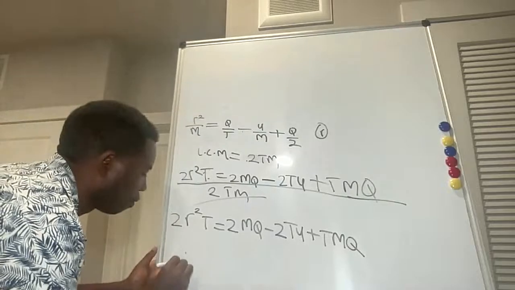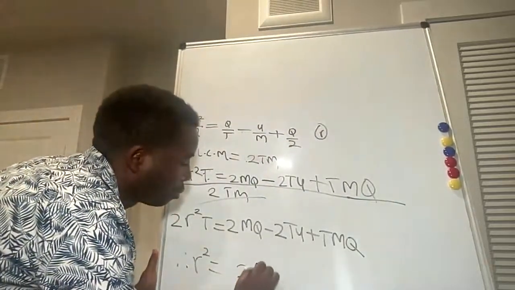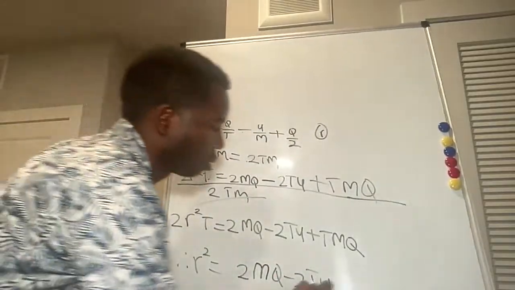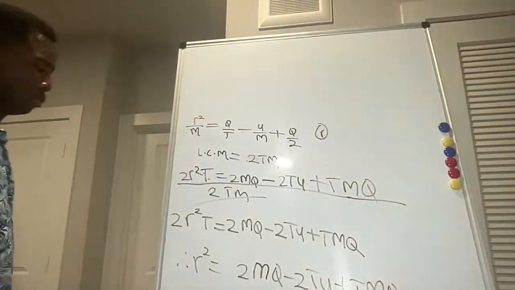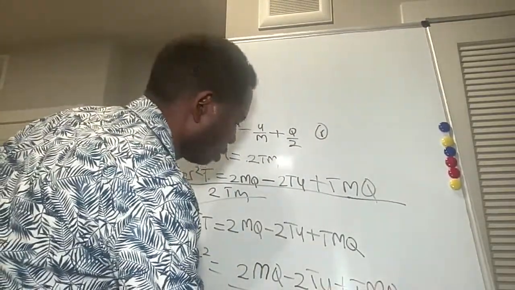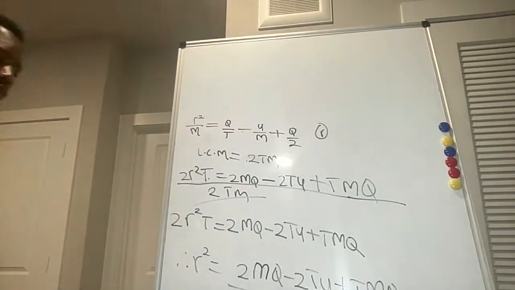Now say therefore R squared is equal to 2MQ minus 2TU plus TMQ over 2T. Then what next?